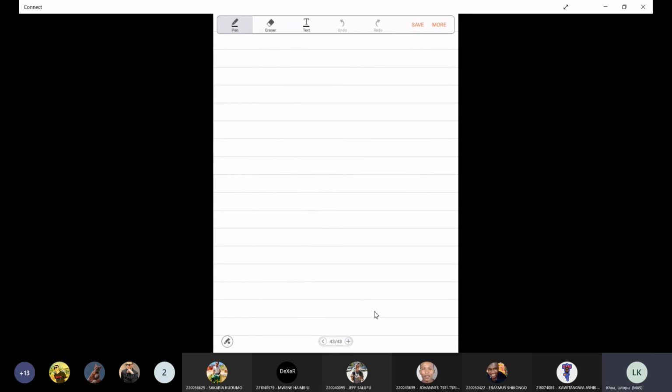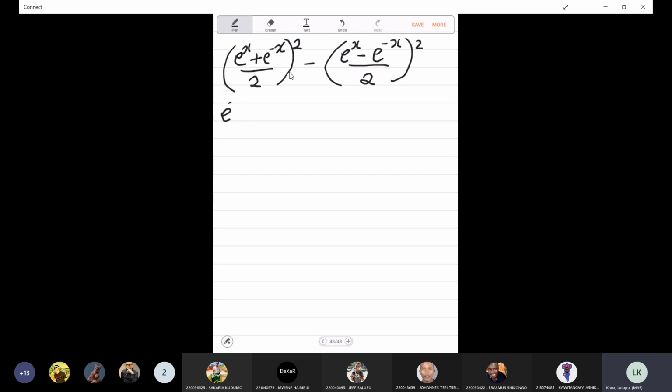So this is just e to the power of x plus e to the power of minus x divided by 2 squared. That's our hyperbolic cos. And then e to the power of x minus e to the power of minus x divided by 2 squared. That's hyperbolic sine. So when we square this, you know how to square it. This is e to the power of 2x plus 2 e to the power of 0, actually, because you say e to the power of x times e to the power of minus x.